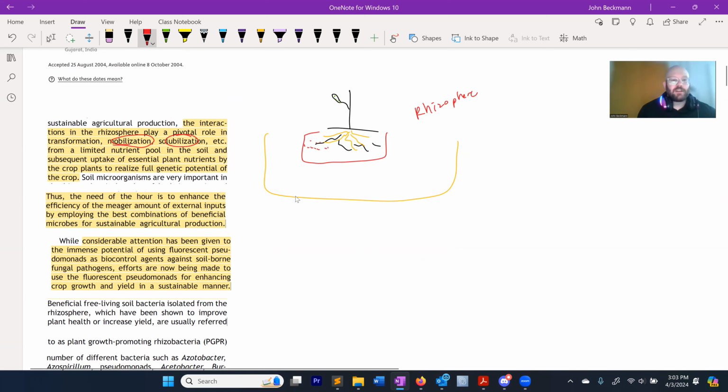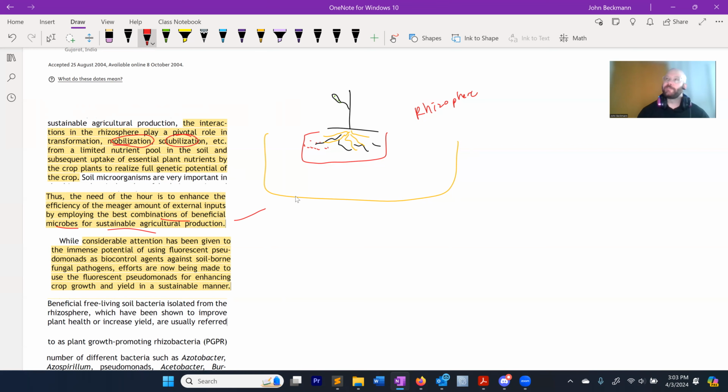Let's see. Thus, the need of the hour is to enhance the efficiency of the meager amount of external inputs by employing the best combinations of beneficial microbes for sustainable agriculture production. So another big thing in agriculture, right, is the quality of the soil, nutrient content in the soil.